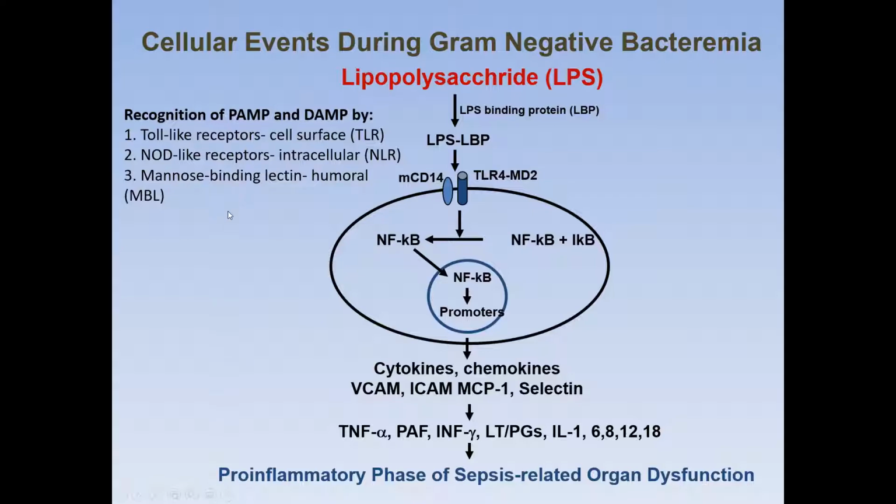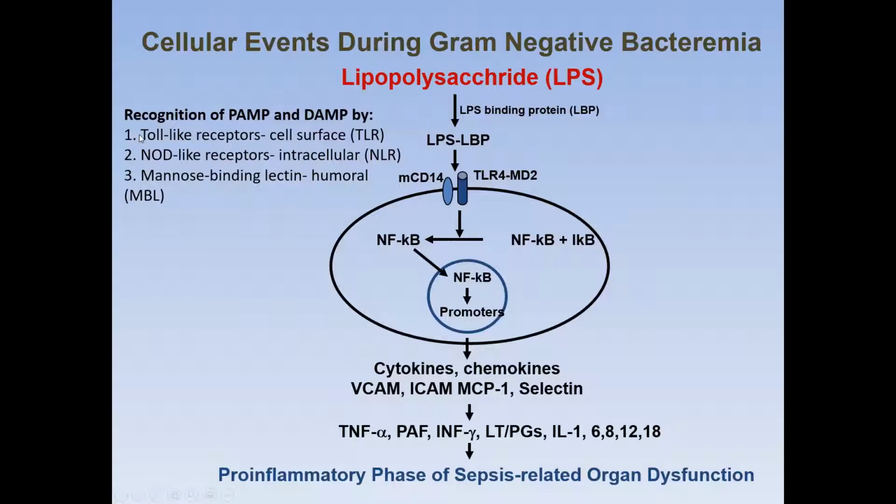These receptors are not specific, not like immunoglobulins, not like antibodies, and not like T cells that have specific receptors which can recognize a particular type of antigen. These receptors recognize patterns. And these patterns are the pathogen-associated molecular patterns, PAMPs, and the DAMPs, which are damage-associated molecular patterns, endogenous molecules that are released following tissue damage and can be recognized by the receptors.